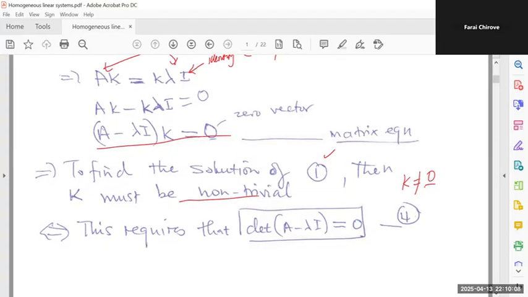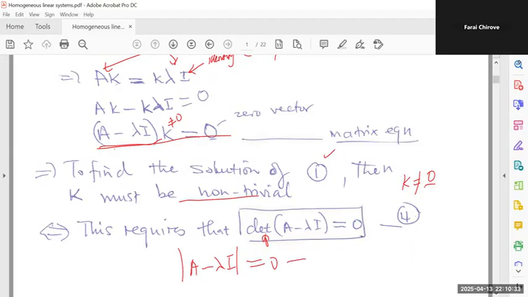If k is not a 0 vector, then we are forced to make the coefficient of k equal to 0, and that can only be defined in terms of the determinant. We write the determinant of A minus lambda I equal to 0.